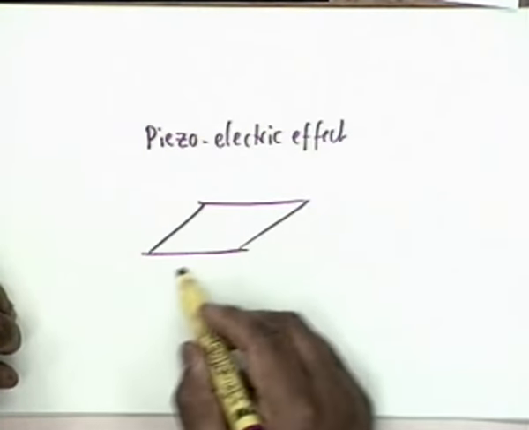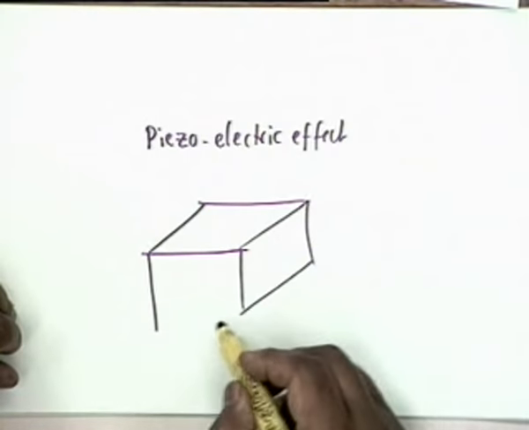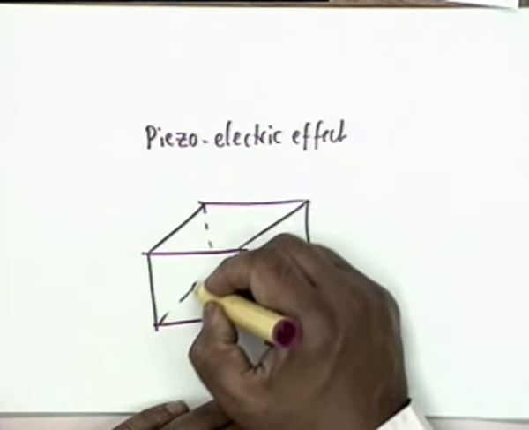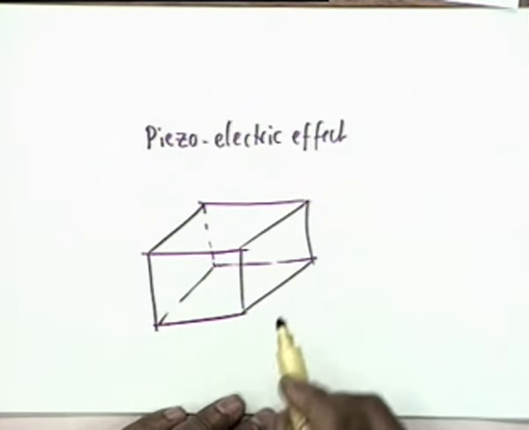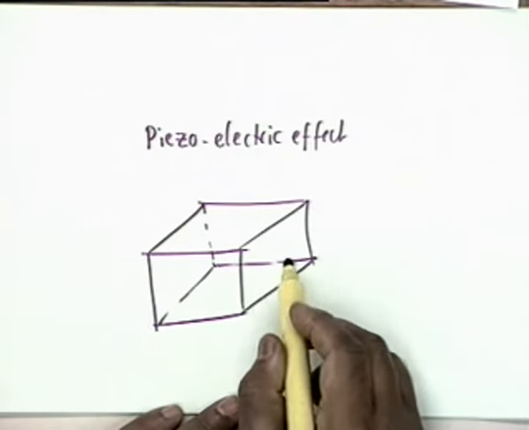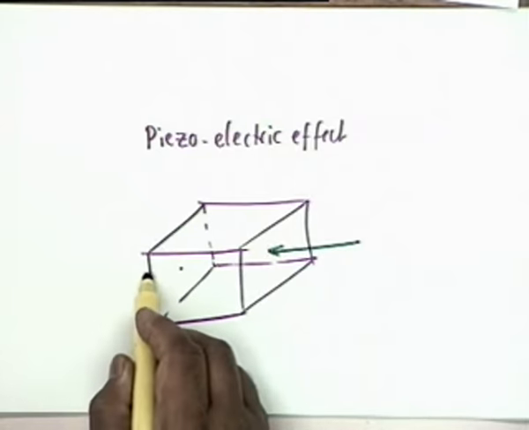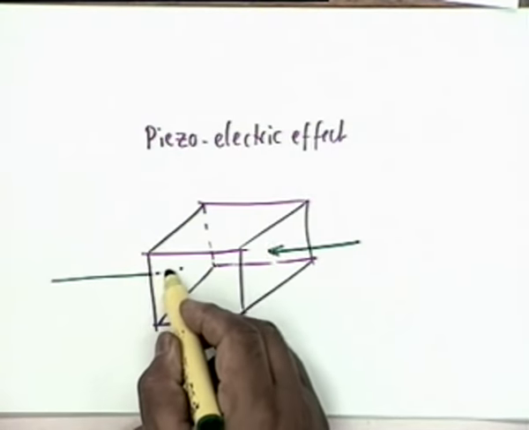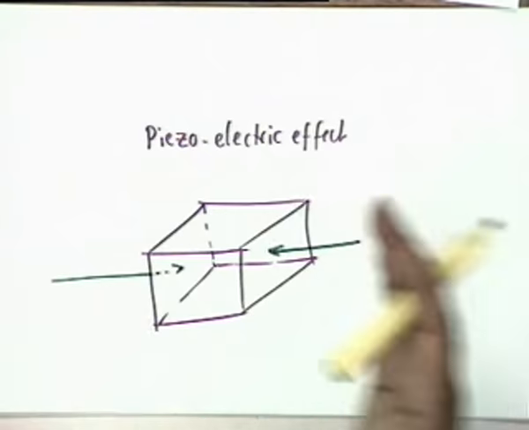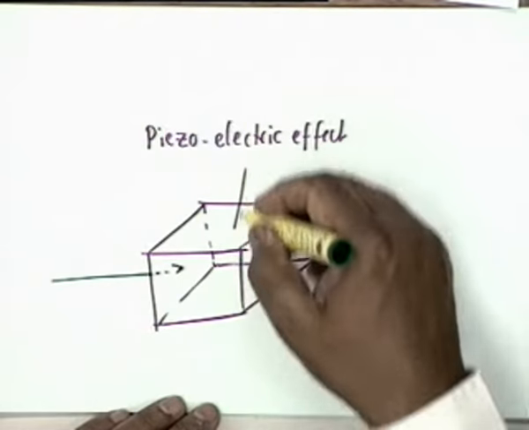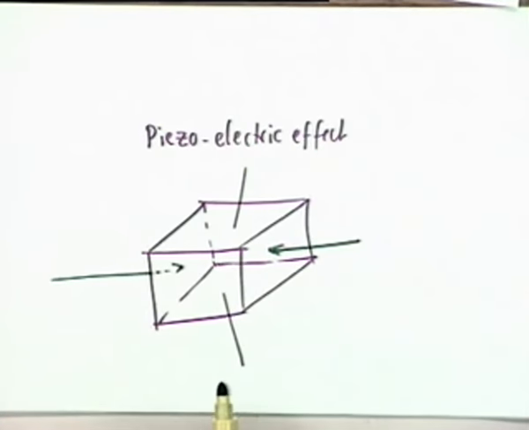This effect is as simple as this. If you have a rectangular block of crystal which is properly cut, and you apply mechanical pressure to two of these faces, then the other two perpendicular faces develop an electric voltage.